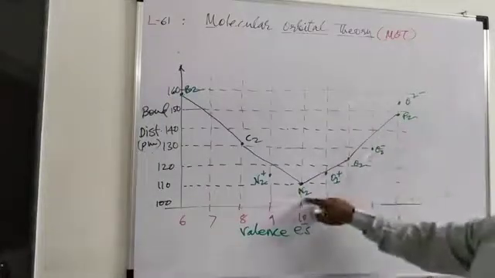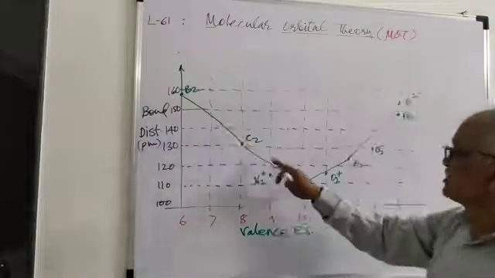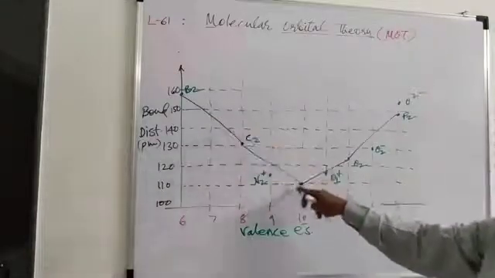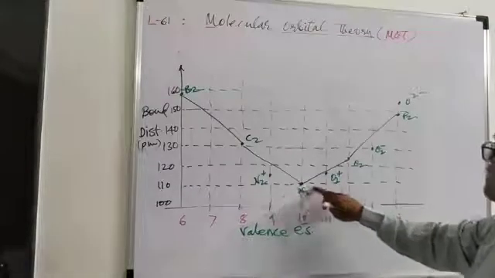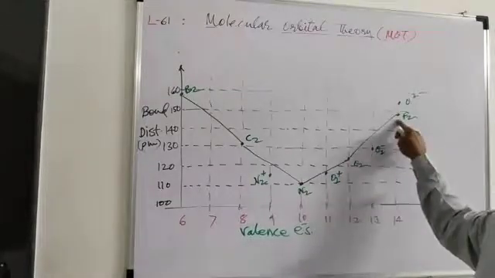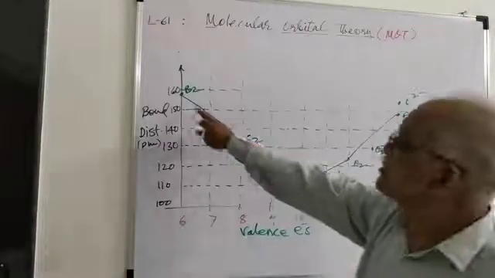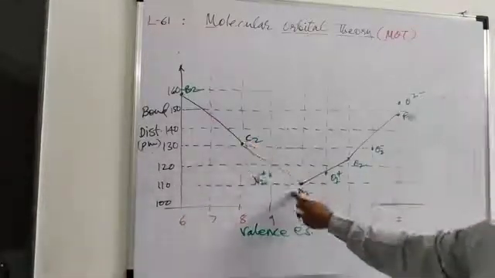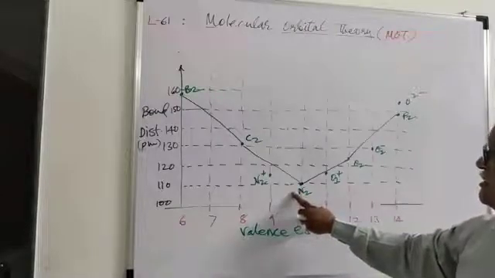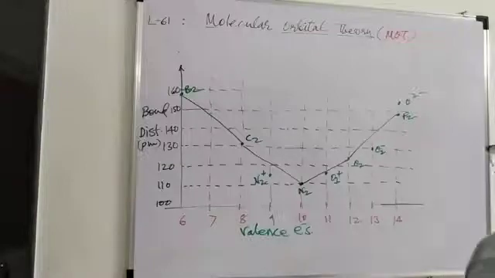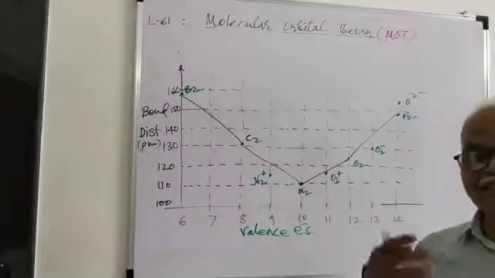So you will find that from B2 to C2 and C2 to N2, the bond distance decreases. And from N2 to O2 and F2, the bond distance increases. This is because when we are going from B2 to C2 and to N2, the valence electrons are going into bonding molecular orbitals, as a result of which the bonding effect is enhanced.